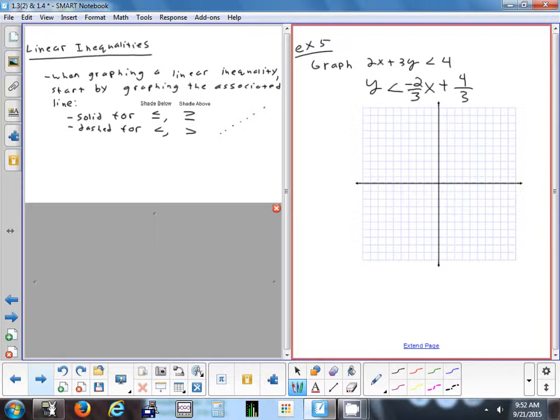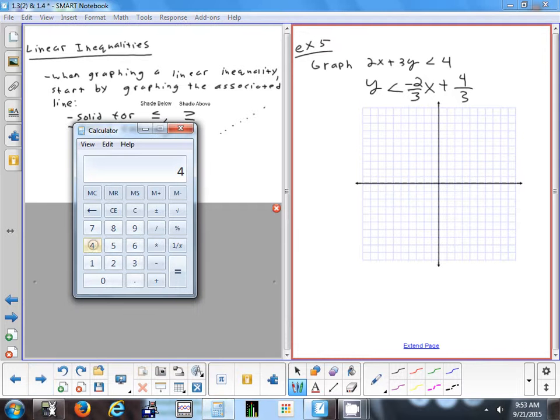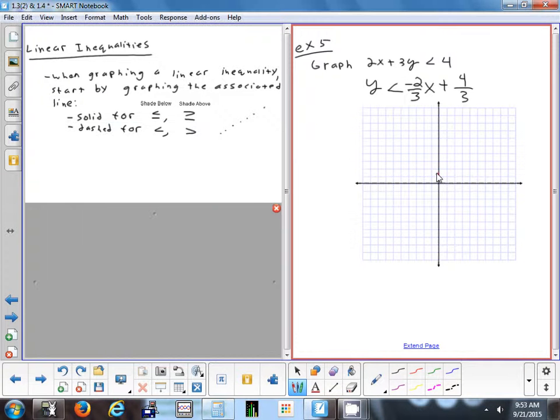Okay, first thing I'm going to do, graph your y-intercept. If you're not sure where 4/3 is, it's at 1.3 repeating. So go to 0, then go up to about 1.3. Okay, from that point, how do I use my slope to get another point?